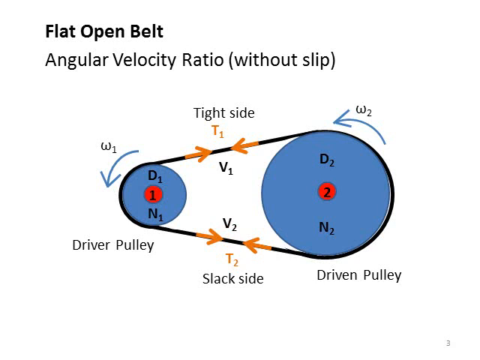Here there is a very important point that I have to mention. The tension in the tight side and the tension in the slack side will be different. Normally tension in the tight side is always more than the tension in the slack side, or T1 is always more than T2.